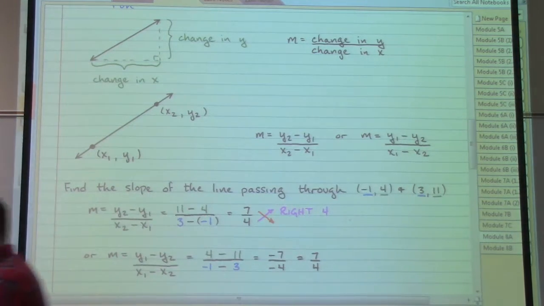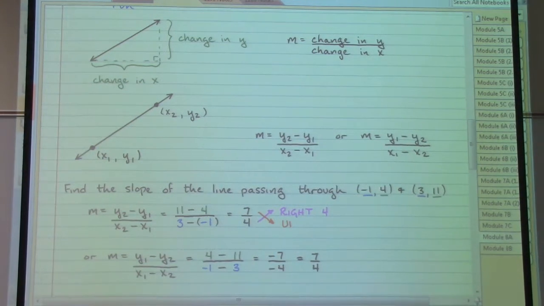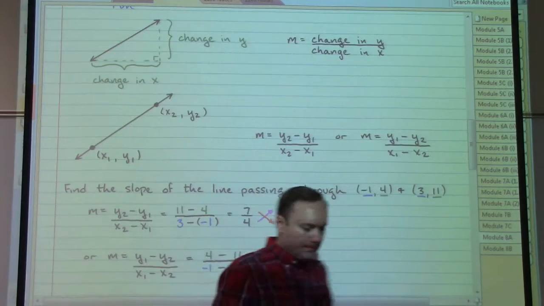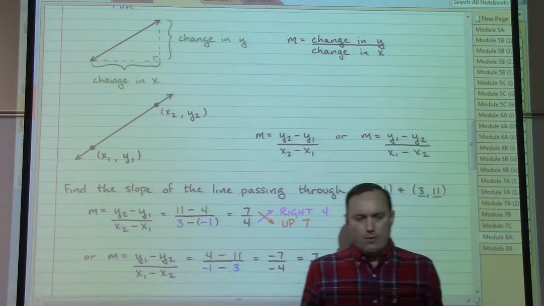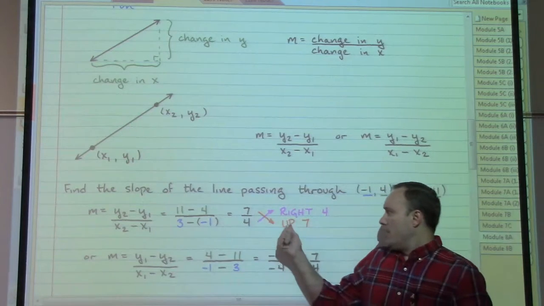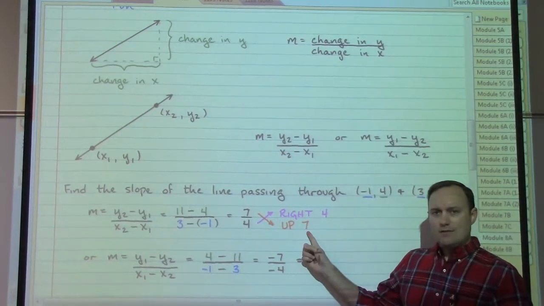So that direction based on our numerator would be up. So this is a way of sort of describing how we are traveling, that if we kind of mapped out the way that this looks, for every 4 steps to the right, we would go 7 steps up.